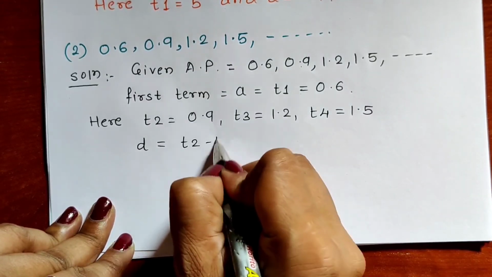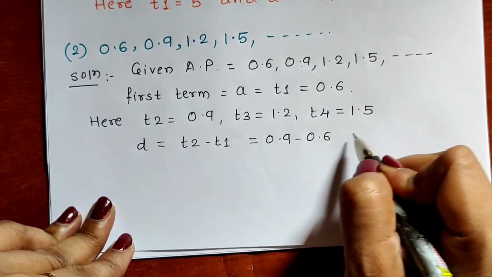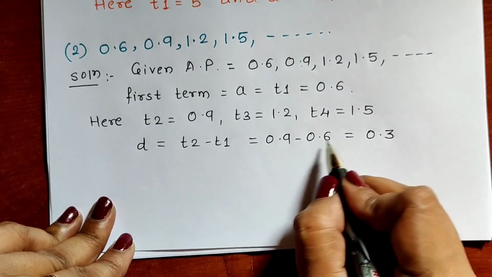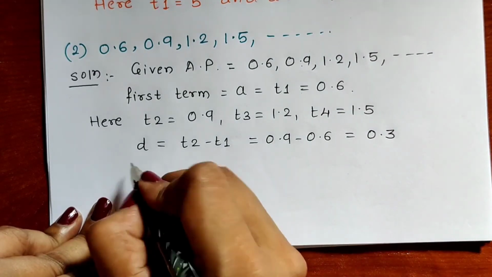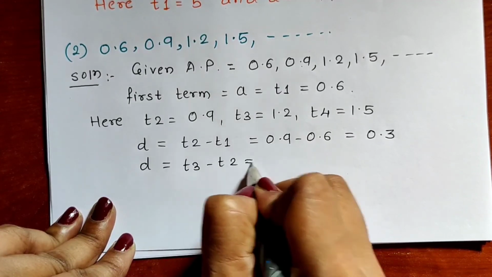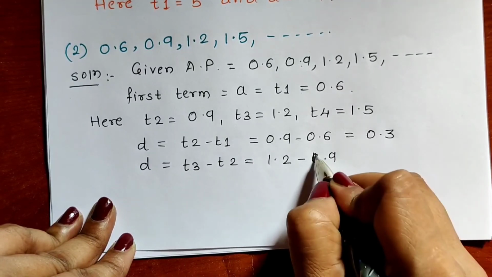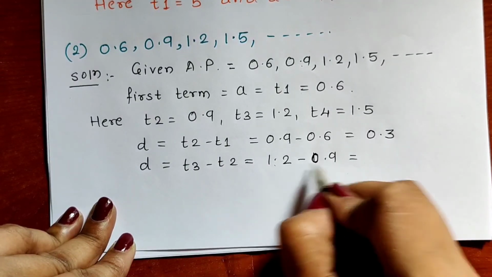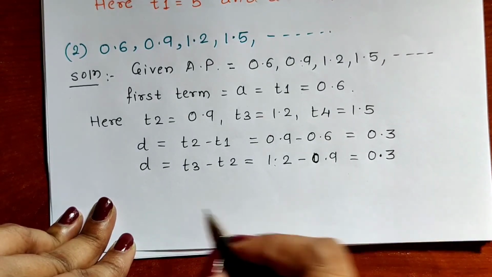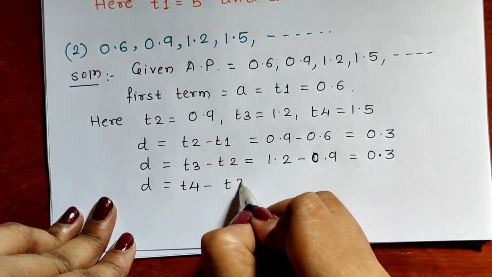Now let us find the difference. Difference is T2 minus T1. T2 is 0.9 minus T1 is 0.6. What will be the answer? 0.3. 9 minus 6 is 3. Correct. Then let us find T3 minus T2. T3 is 1.2 minus 0.9, that means 12 minus 9, 3 again, but it is 0.3. Then T4 minus T3.